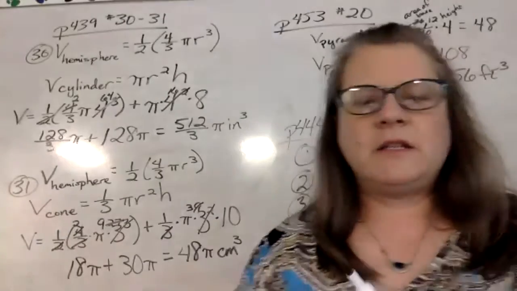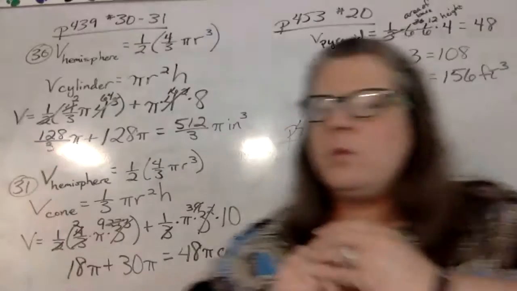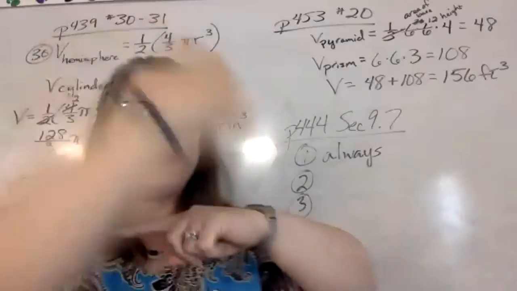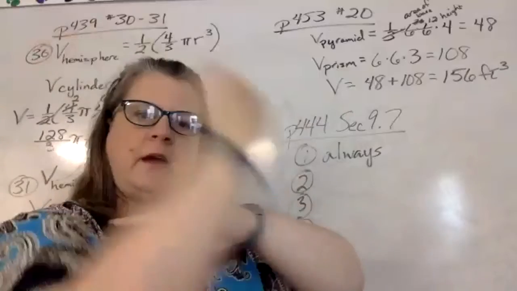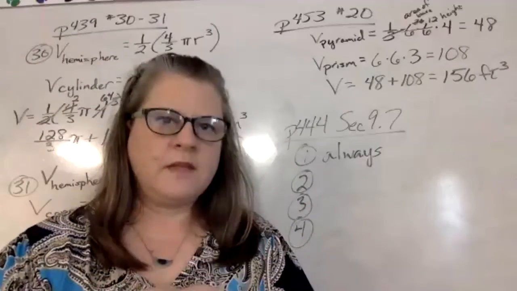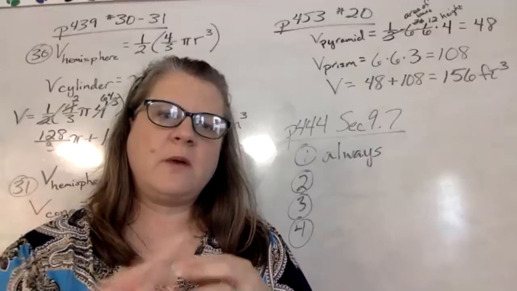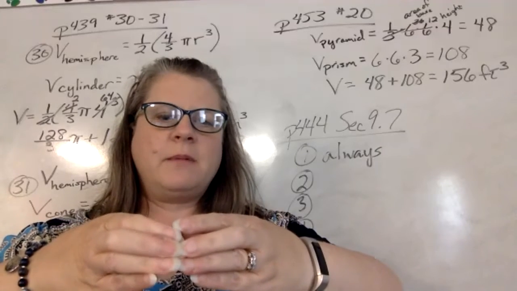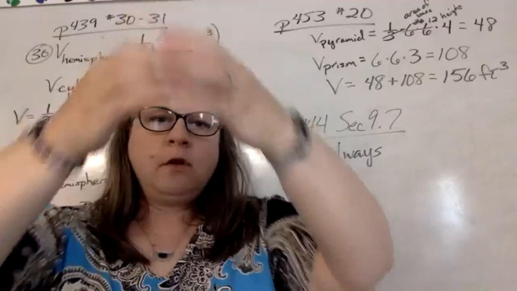Think about the latitudinal lines, okay? When you're talking about the ones going around the sphere, are they always going to be all the way around the sphere? If you think about the equator, it's a great circle going all the way around. But what happens as you go farther north or farther south?